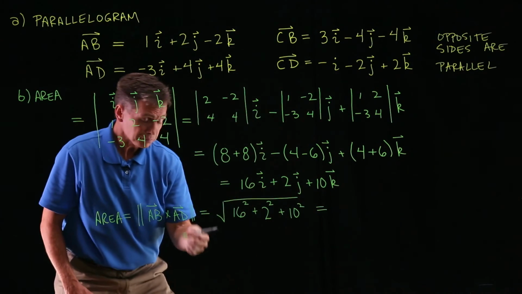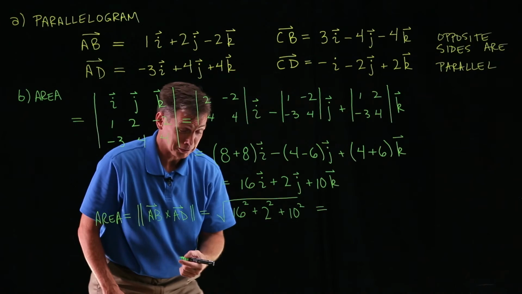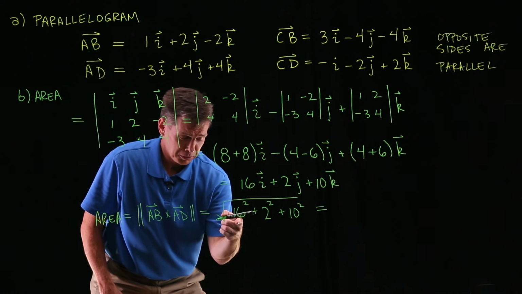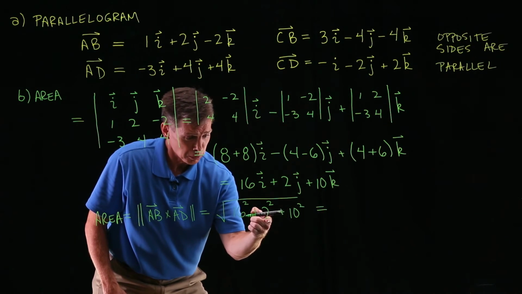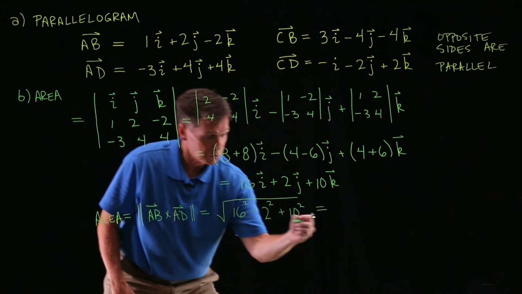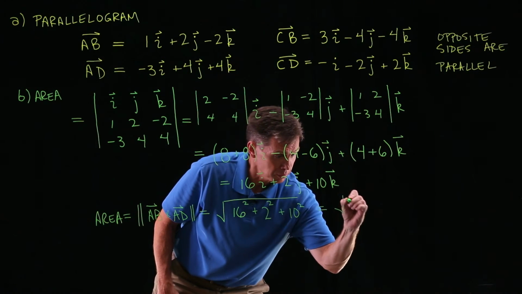And this will equal, let's see, I could grab a calculator, but this is 256 plus another 4 would be 260 plus 100 looks like the square root of 360.